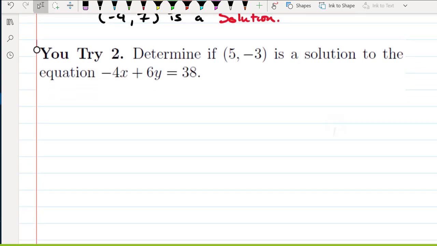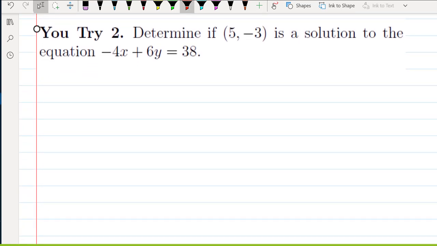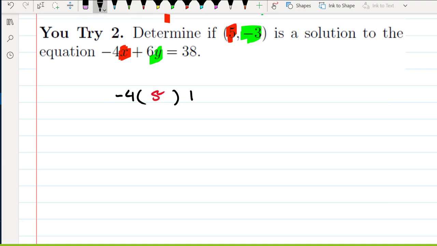To resolve this U-try, we just need to once again plug in our values. Our x value is going to be 5 and our y value is going to be -3. If we evaluate the left-hand side of our equation, we have -4 times 5 plus 6 times -3. Once again, we want to know, question mark, does that equal 38?